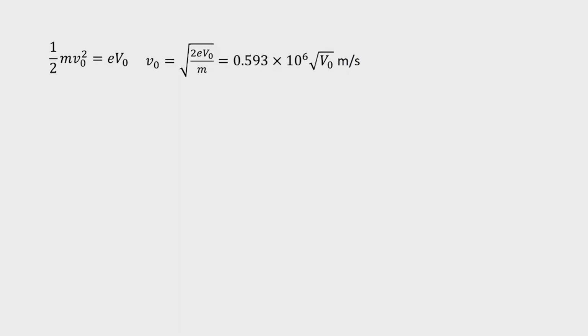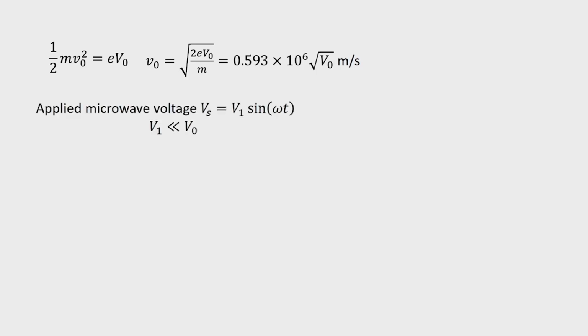When typical values are substituted, we get the velocity of the electron to be 0.593 × 10^6 √V0 meters per second.